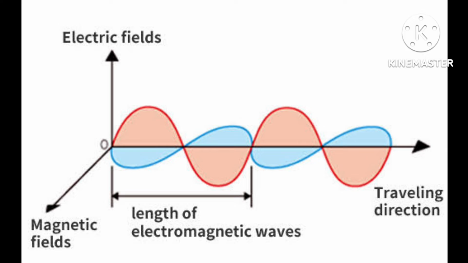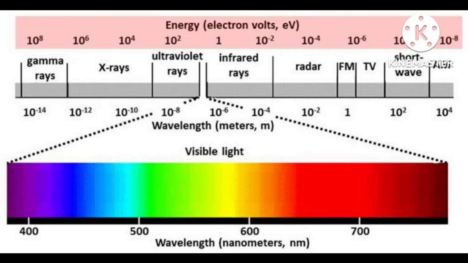Third property: it is now well established that there are many types of electromagnetic radiation which differ from one another in wavelength or frequency. These constitute what is called the electromagnetic spectrum.